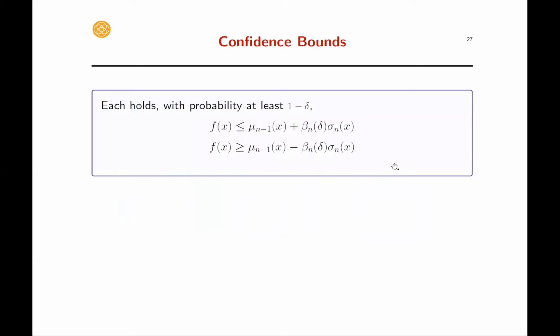Okay, moving to the analysis of UCB. I'm going to give a very concise and simplified version of the analysis. There are more details, but I will point to references if you are interested.